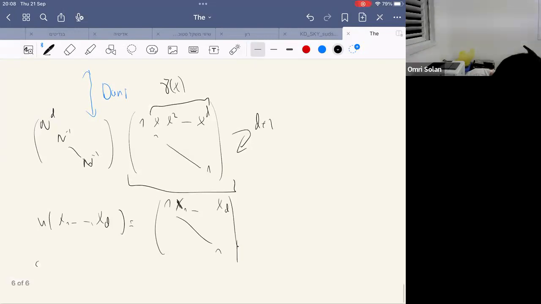Let's denote g_t equals e to the dt, e to the minus t, and so on.